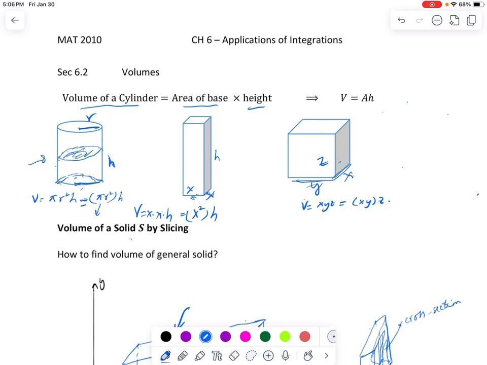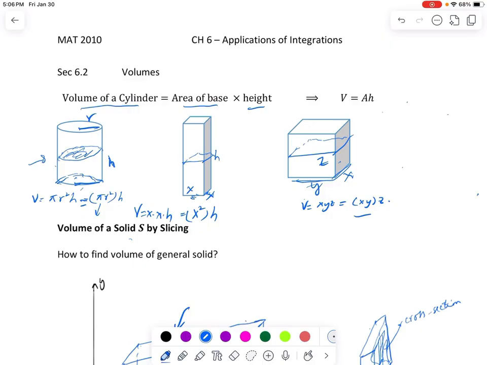In this case the cross section will be a rectangle with area x times y, and the height is z. In the earlier one, the cross section was a square with sides x. So this is how we look at the volume.